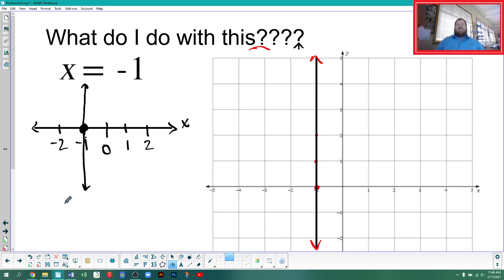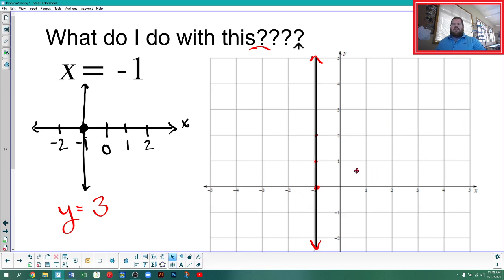Now, along the same thought process, I could look at a line like y is equal to +3. And where does that line go? Well, thinking kind of the same way, it's looking for every y value that is +3. Let me pull that other graph up really quick.